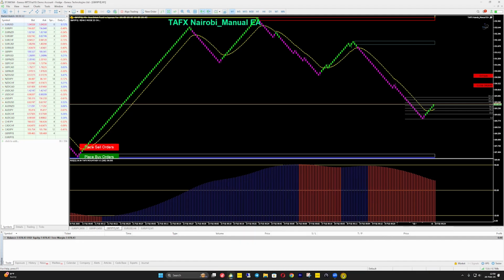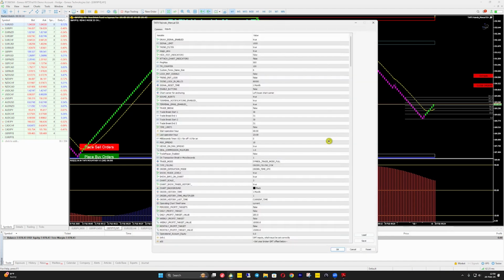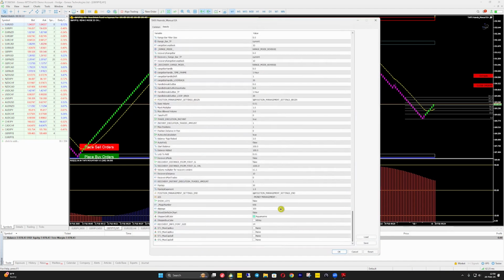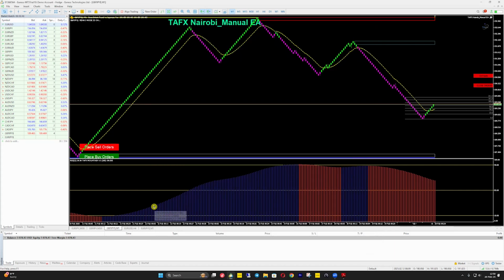I think I've shared with you, we only risk, when we go to this EA, we only set like 3%, like here, the best risk is only 3%. This is the only thing we risk. When it comes to adjusting, maybe increasing your lot size because maybe you have banked a lot of money, no, that is automated by the EA. It will be increasing. I think that I've shared this in our last video, but we'll continue sharing more.